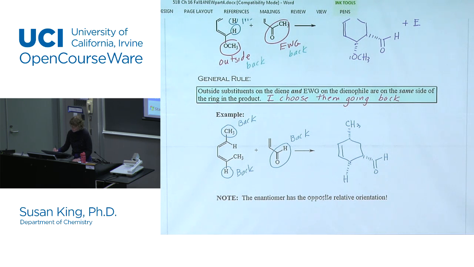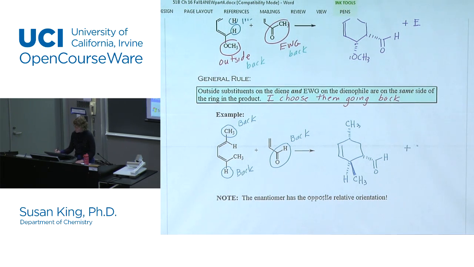So we need to throw on our methyl here. So we're going to have that plus the enantiomer. Okay, so it makes it easy to draw what is pretty complicated stereochemistry. It makes it much easier to draw the correct product.